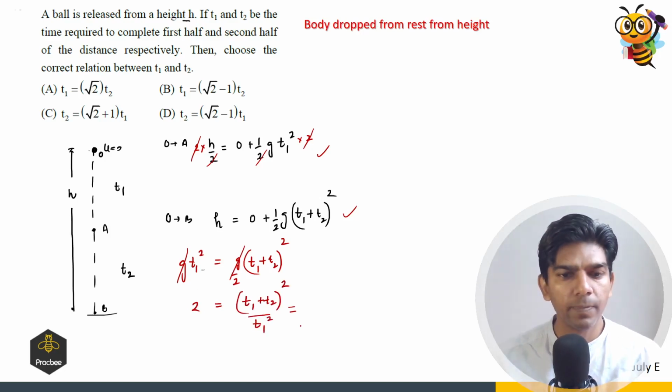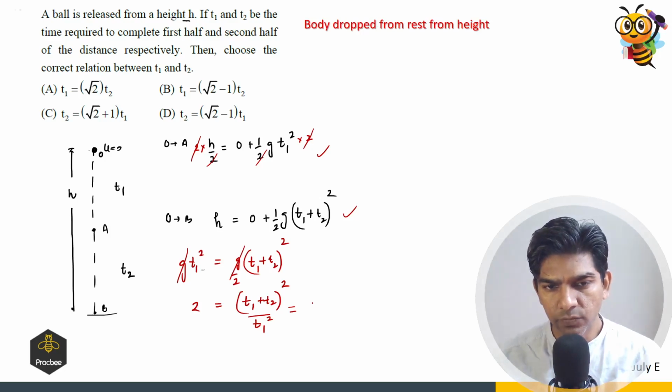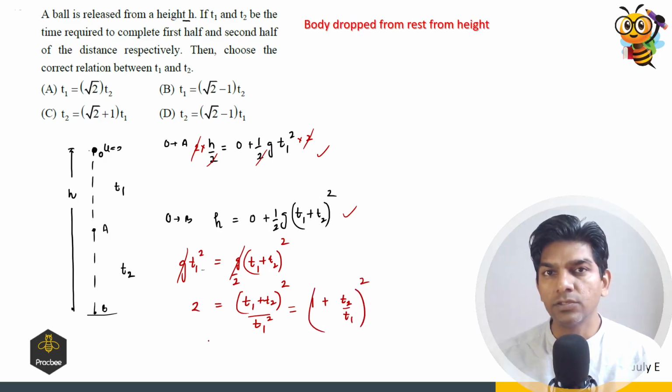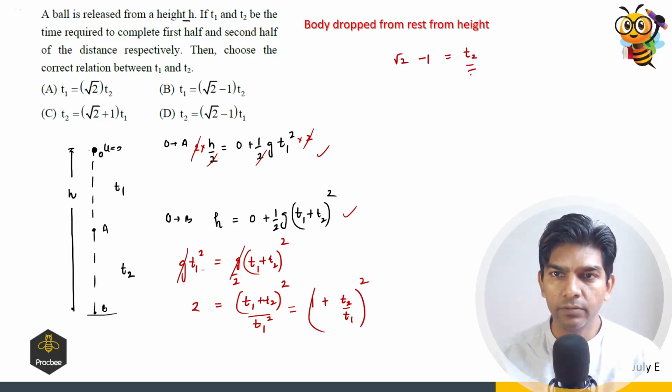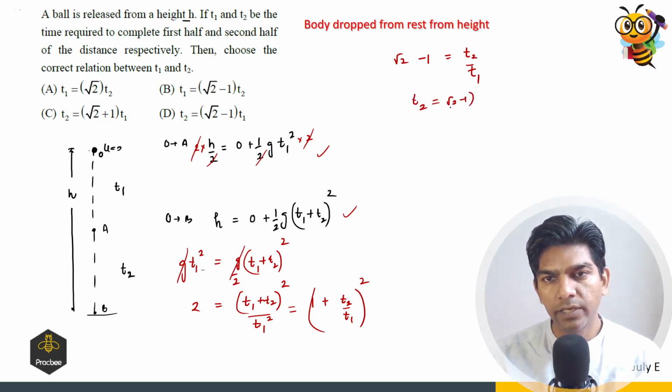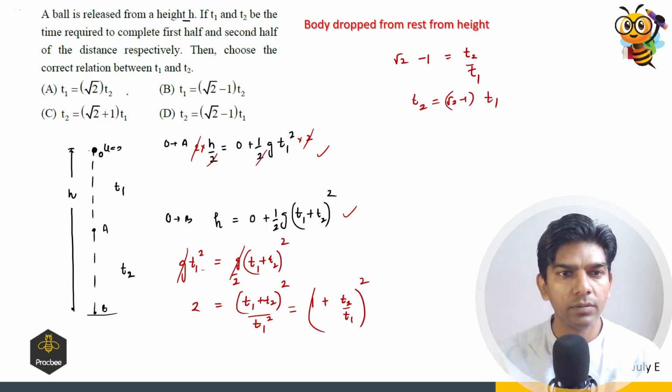Now from this we can also write this as (1 plus t2 by t1) square, and let us take the square root on both sides. So this will become root 2 minus 1 equals t2 by t1, right? So t2 is root 2 minus 1 times t1. So option D is the right answer.